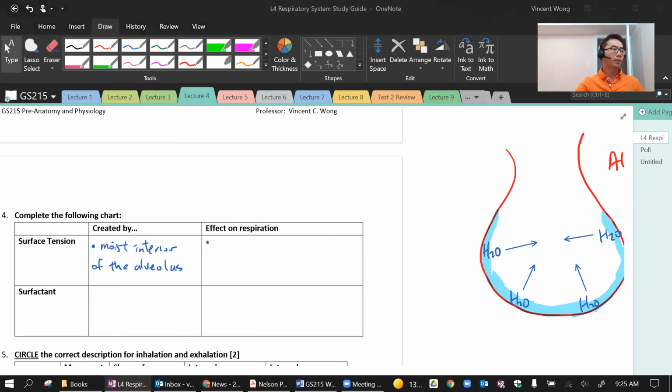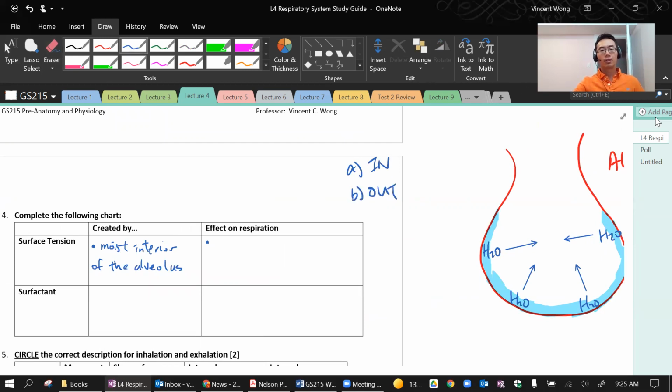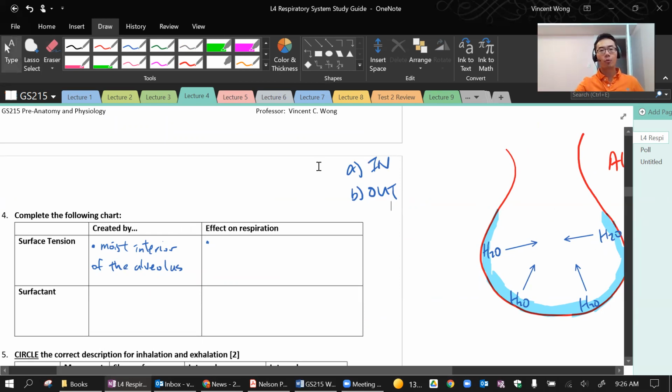Let's do another poll. My question is, will the surface tension help with breathing in, or will it help with breathing out?